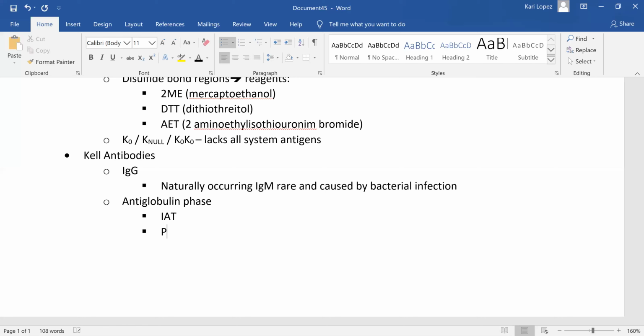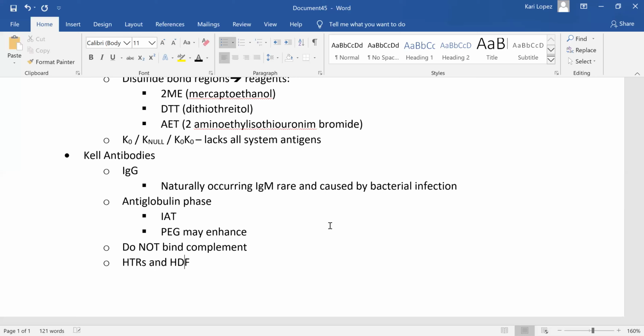And then PEG may enhance the reaction as well. Now your Kell antibodies, they do not bind complement. They are involved in HTRs and HDFN.